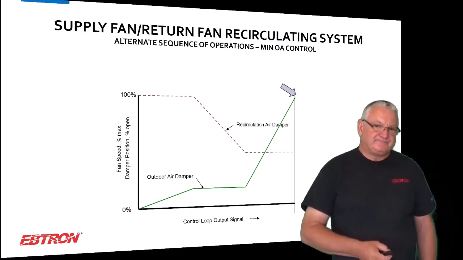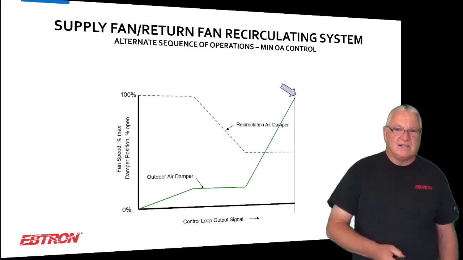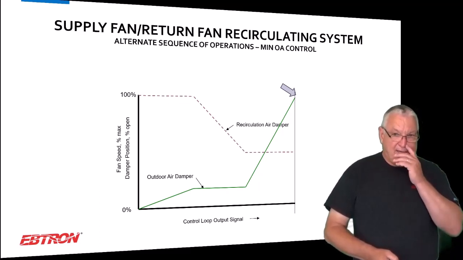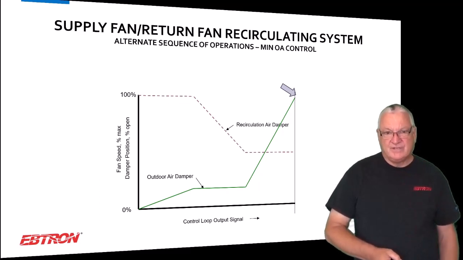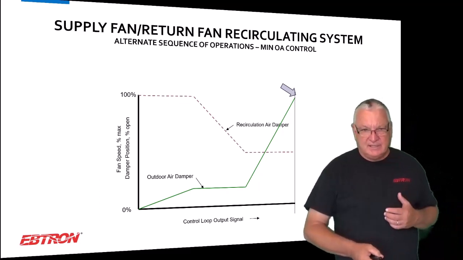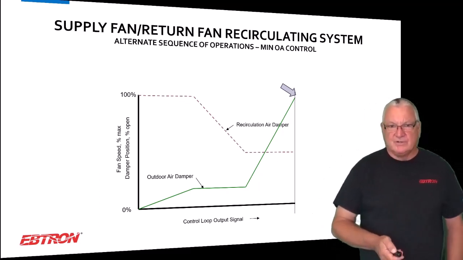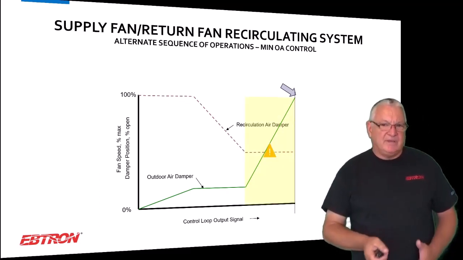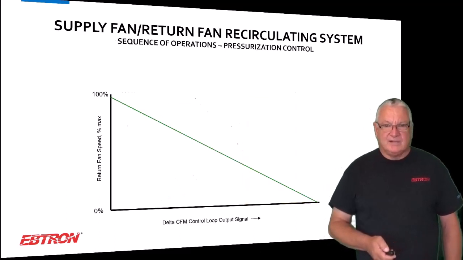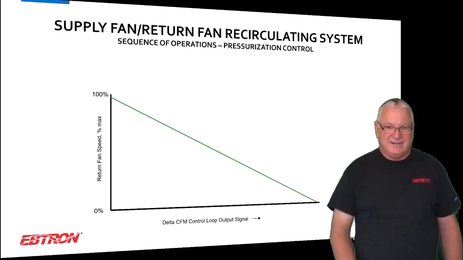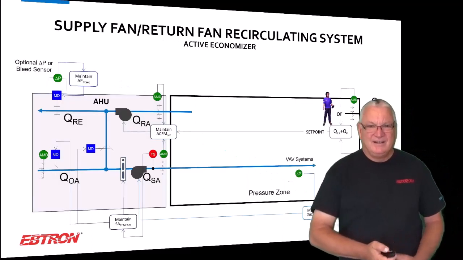One thing is, this is a case where you might want to call me up or say, Dave, you gave me PDF pages of this, I'd really like to see the sequence. So you'd want my PowerPoint version of it. And again, you want to be careful when you're in this area all the way to the right. The return fan doesn't get any easier than this. You need more differential, you turn down the return fan.